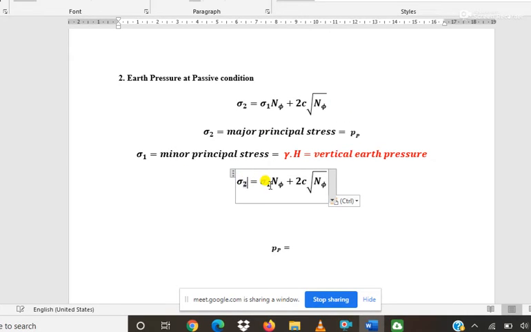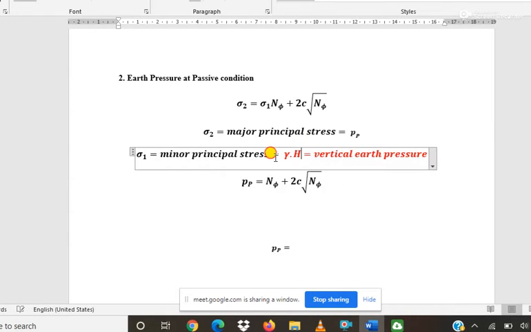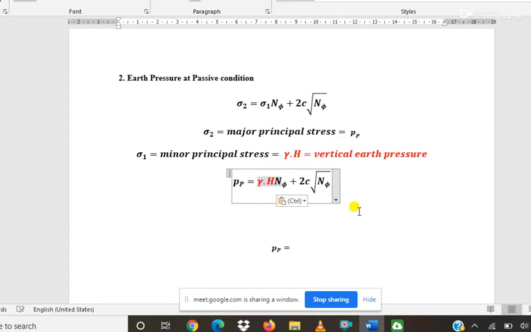In place of sigma 2 we may write down PP, that is lateral passive earth pressure, and in place of sigma 1 we may write down gamma H, that is vertical earth pressure.